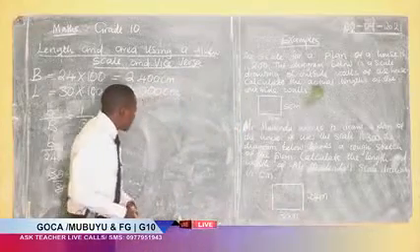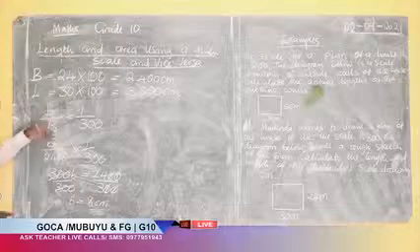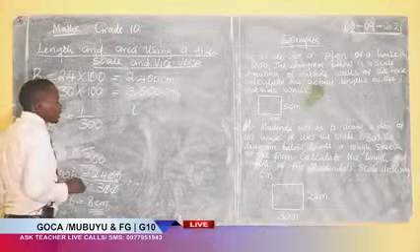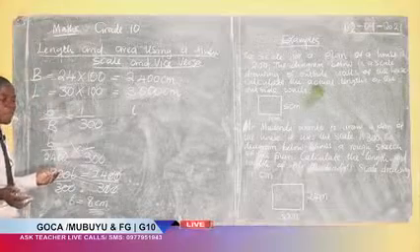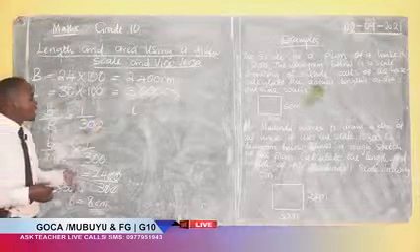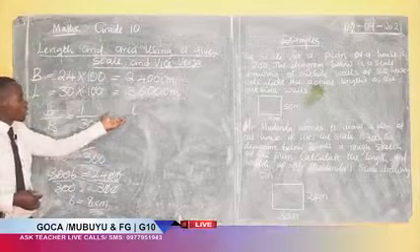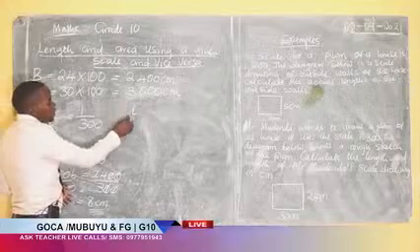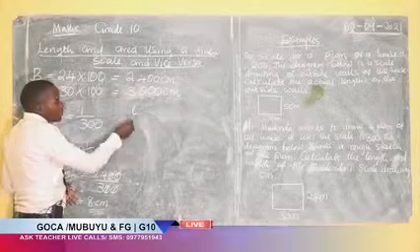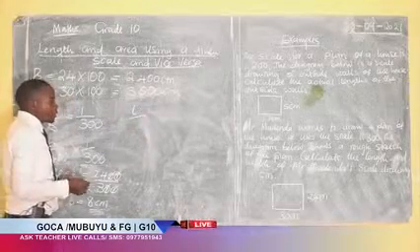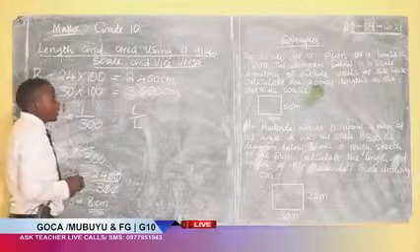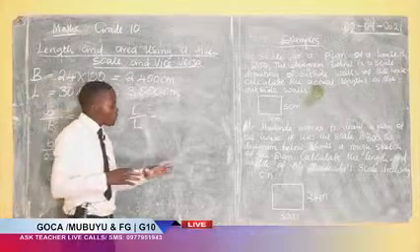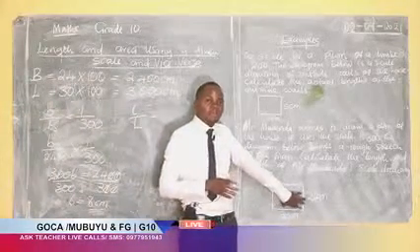Now, even for length here, what we have done here, we are also going to do the same. So we have length, we'll say small letter l, scale drawing, over actual length, which we'll represent by capital letter L, which is equal to, here the scale is the same because the plan here is the same.